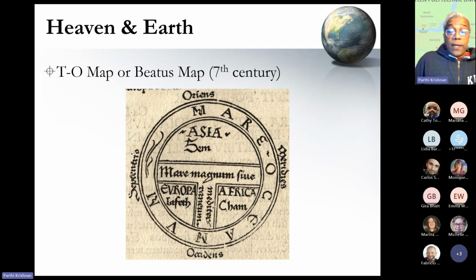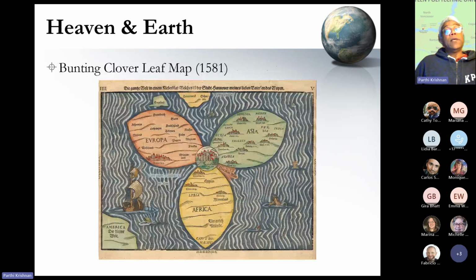And as our understanding of the earth increased, we have other forms of map. So in 1581, the Bunting Cloverleaf map was published. This symbolizes the Christian Trinity, with Jerusalem right in the center.